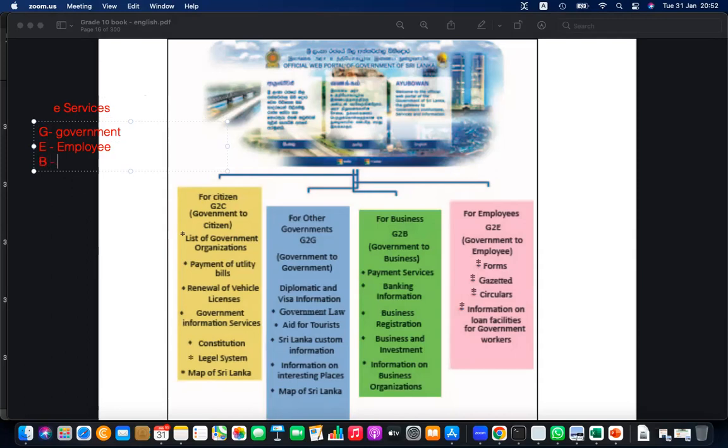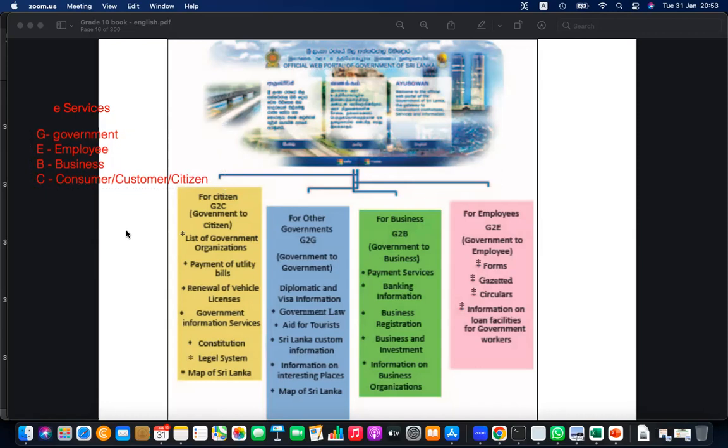B for business. C for consumer or customer, or citizen, anything. Consumer, customer, or a citizen anyway.